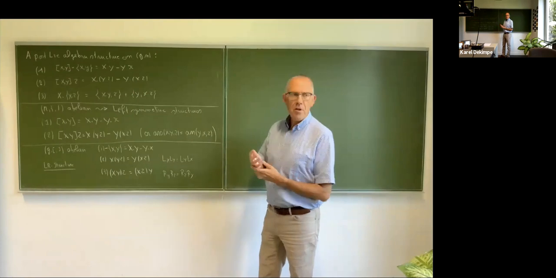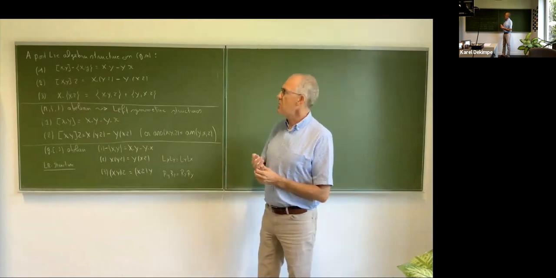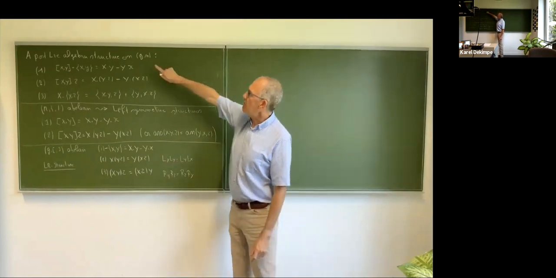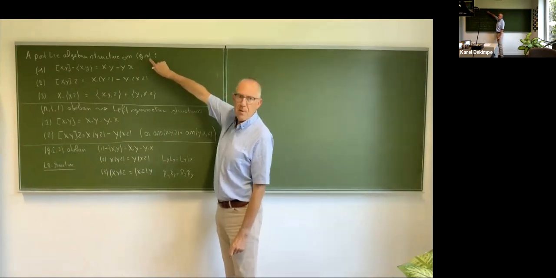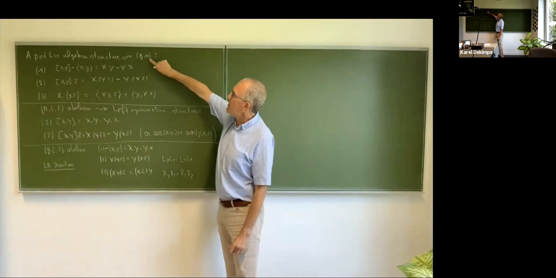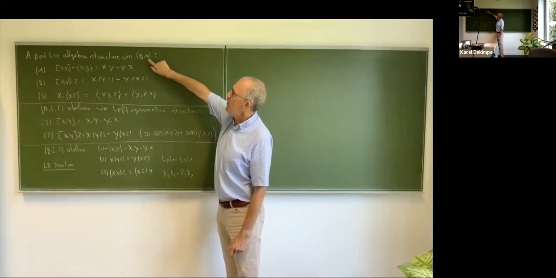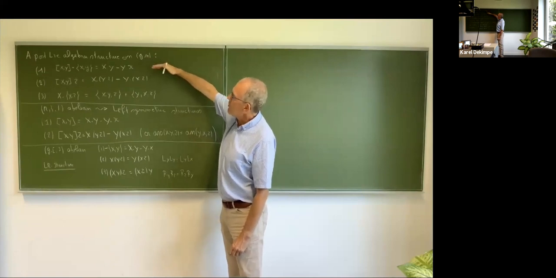And then I more or less transformed the definition of a Post Lie algebra to a Post Lie algebra structure on a pair of Lie algebras, G and N, with the same underlying vector space. So the G will always have square brackets, the N will always have curly brackets. And then we have three conditions.